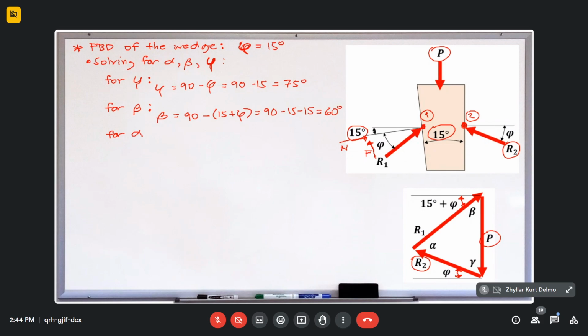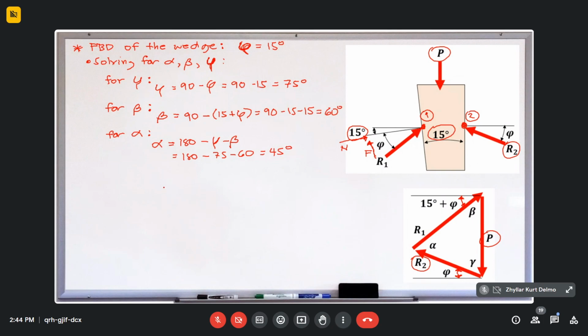Now, to solve for the last interior angle alpha, apply the theory for any triangle, that the sum of the interior angles equal to 180. So alpha is equal to 180 minus gamma minus beta. So 180 minus 75 minus 60, that will give us the angle of 45 degrees.